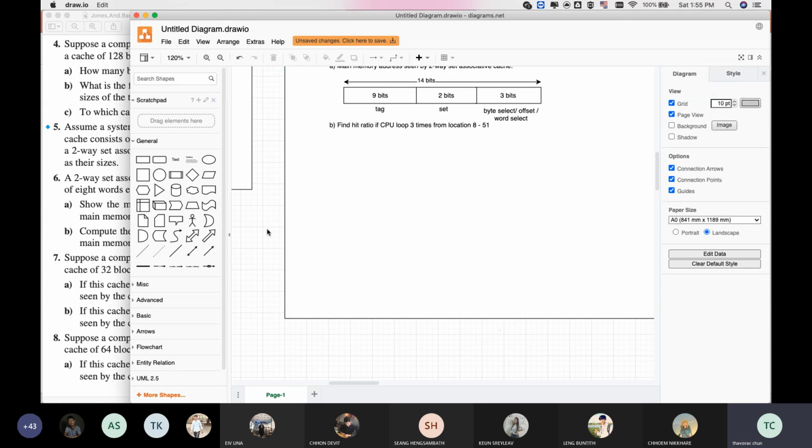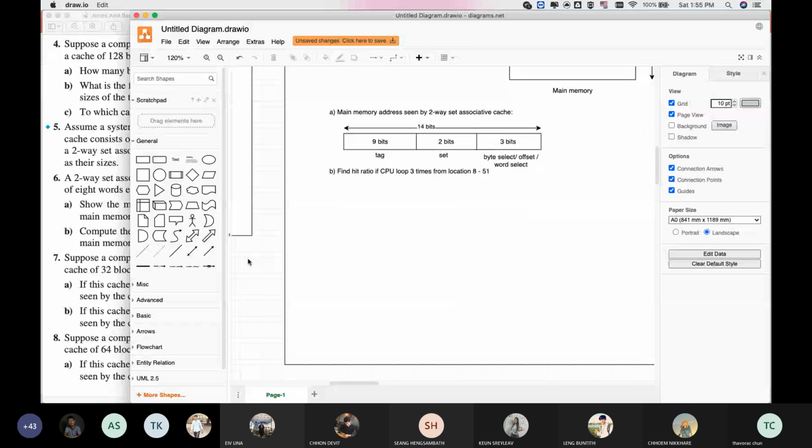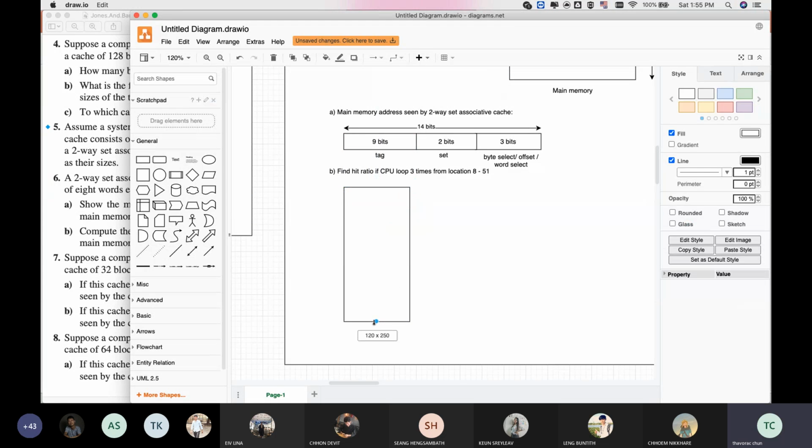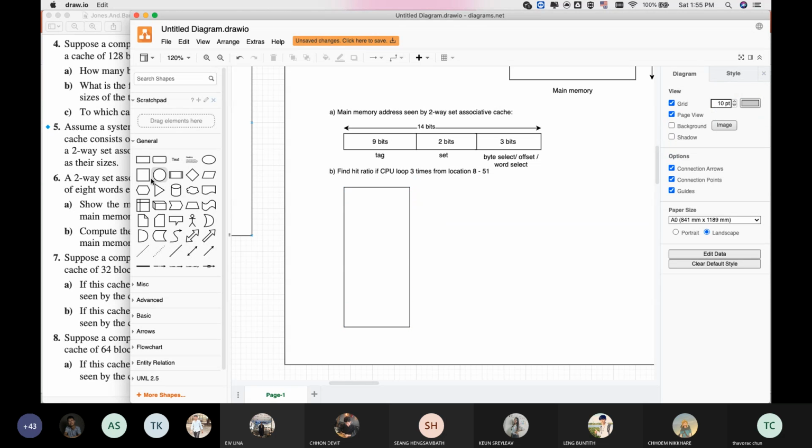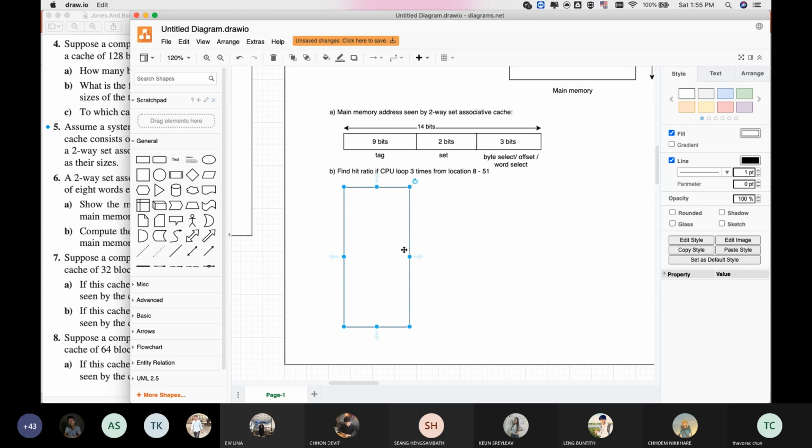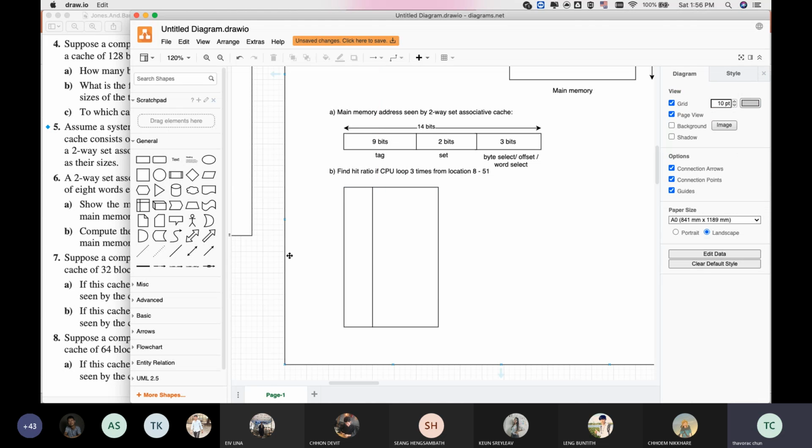Make it bigger. So imagine this is our main memory, and it has two sections, which are the address and another one, which is the data.